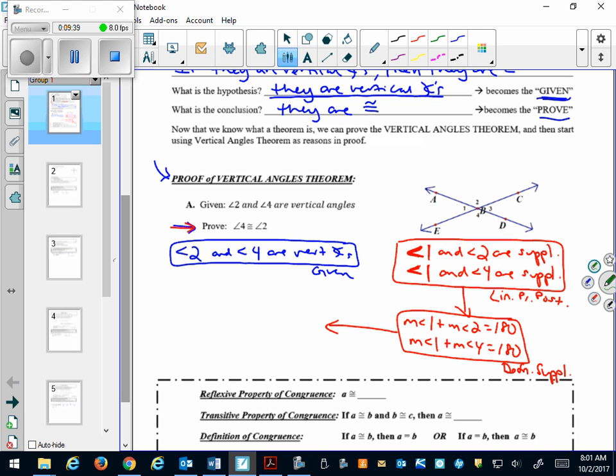So we're going to rewrite this equation, substituting measure of angle 1 plus measure of angle 4 in for the 180. So in other words, if two things are both equal to the same number, you can set them equal to each other by substitution.